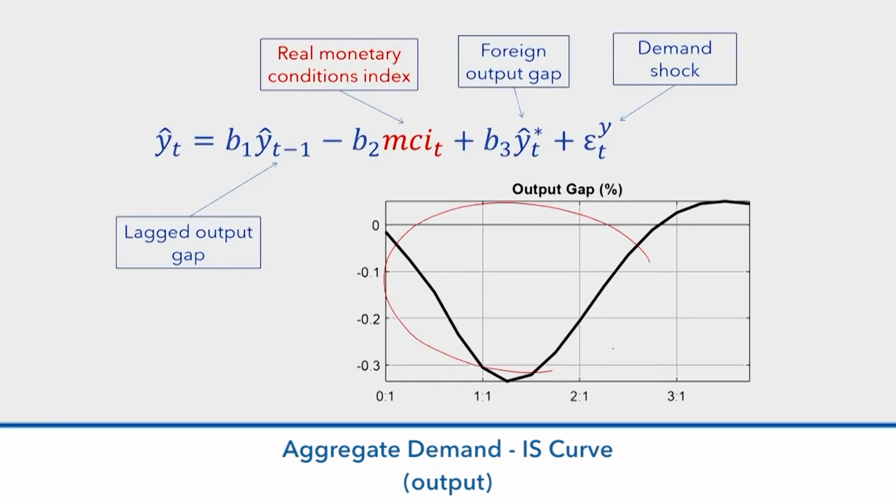The IRF shows us that the reduction in demand leads to a quite persistent negative output gap. At this point, we have all the ingredients to understand the forces that bring inflation and other variables back to their equilibrium values.